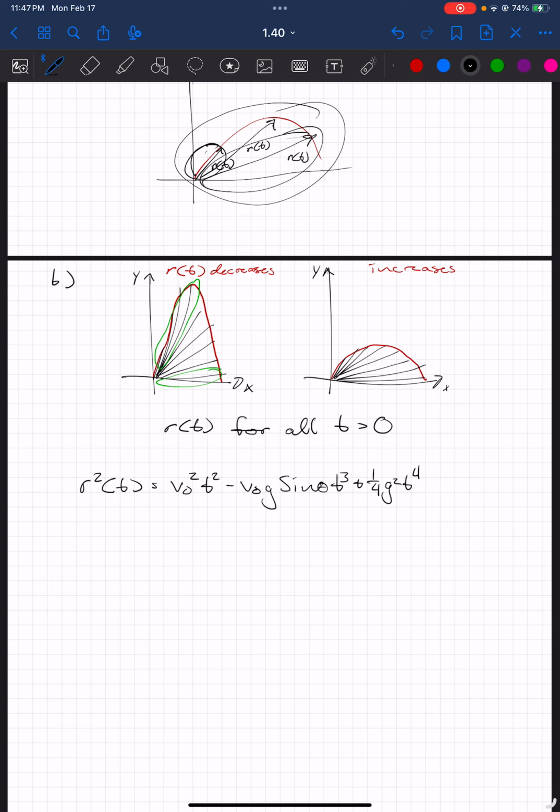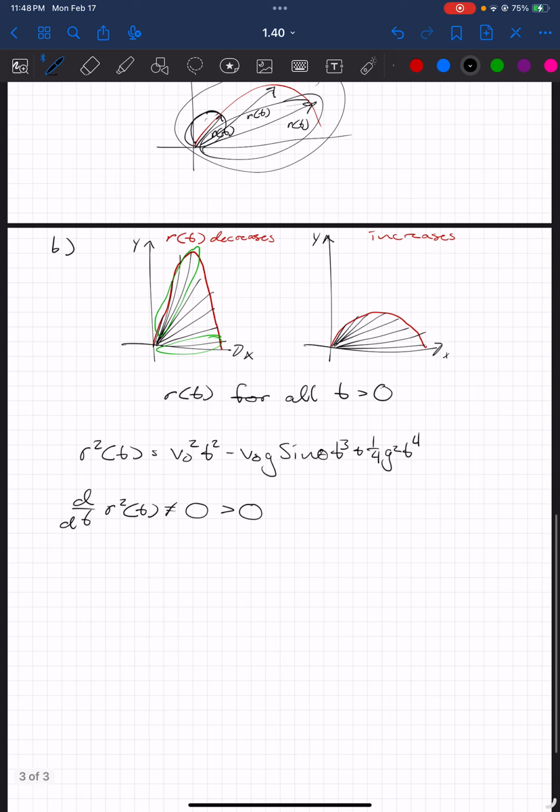Now, for it to be positive and not constant, that means that the derivative of our r squared function with respect to t does not equal 0, and we want it to be positive, so it must also be greater than 0.